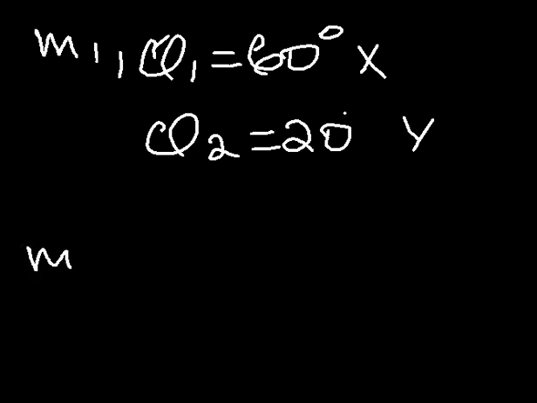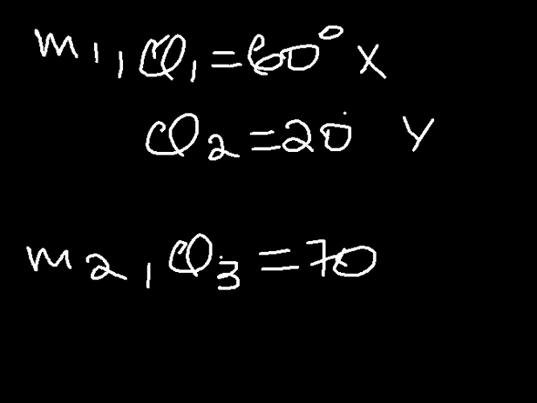And let's say object 2 is moving at an angle theta 3, which is equal to, let's say, 70 degrees with respect to the x. And after they collide, it is moving at an angle theta 2. It should be this.